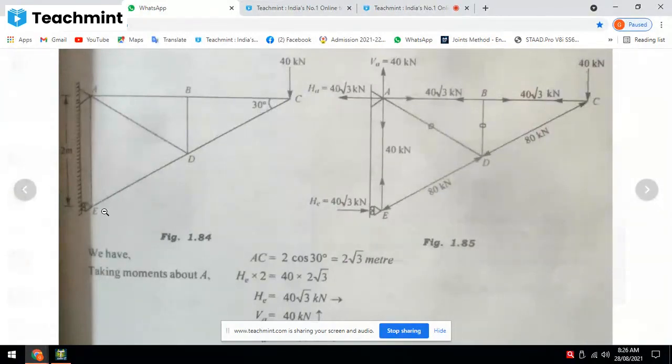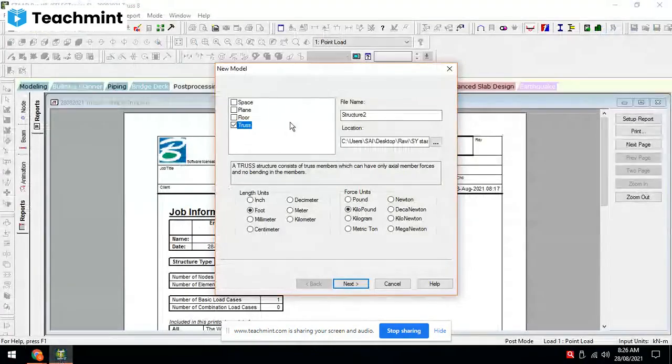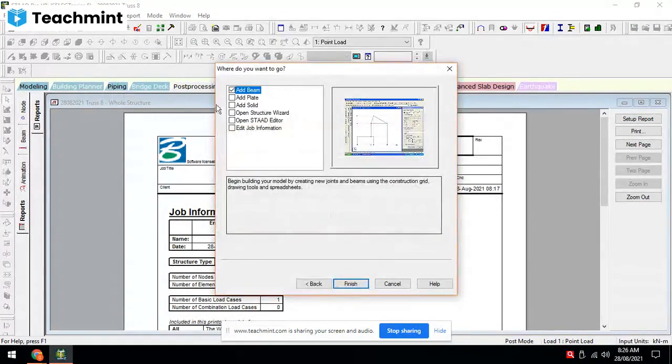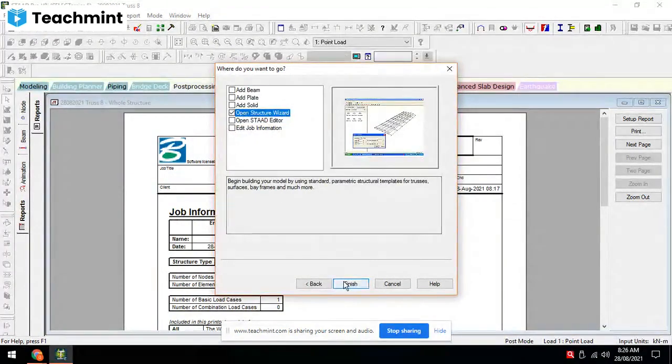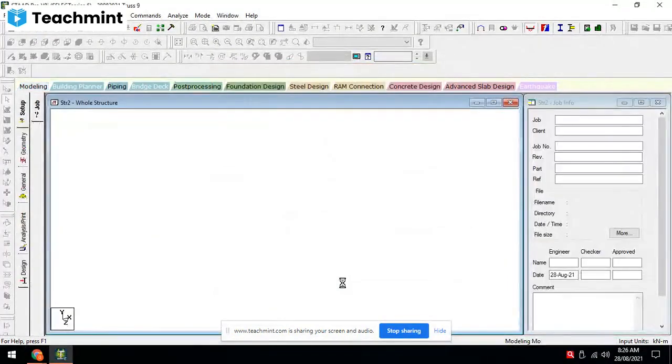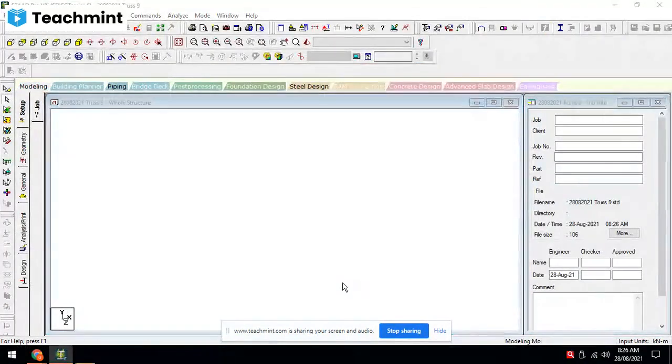Okay, so I will draw the truss. Click on truss. I will go to the open structure wizard and see whether the model is available or not. Triangular truss.